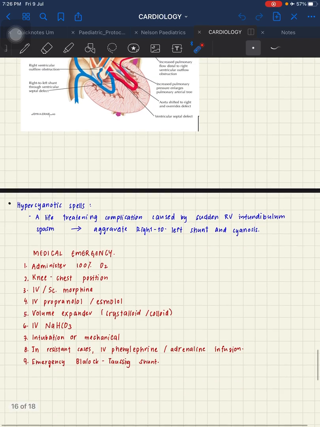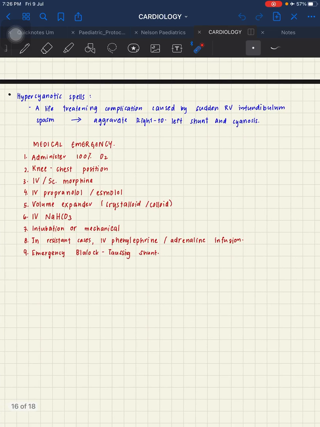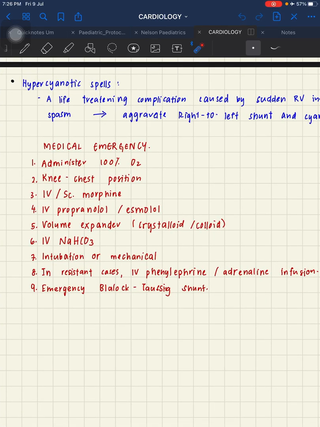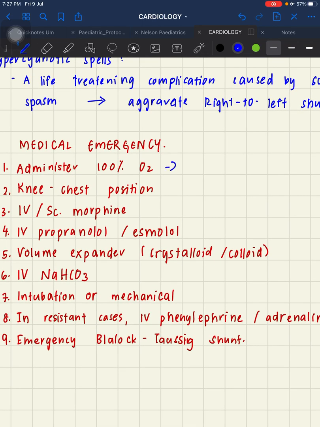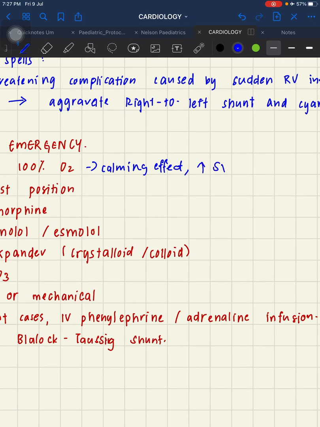And the management for hypercyanotic spell: the hypercyanotic spell is a medical emergency, right? And it also causes reduction in the oxygen level. Therefore, we must give 100% oxygen to the baby. Second, put the baby in a knee chest position with the mother, because this knee chest position tends to give a calming effect and also increases the systemic vascular resistance.